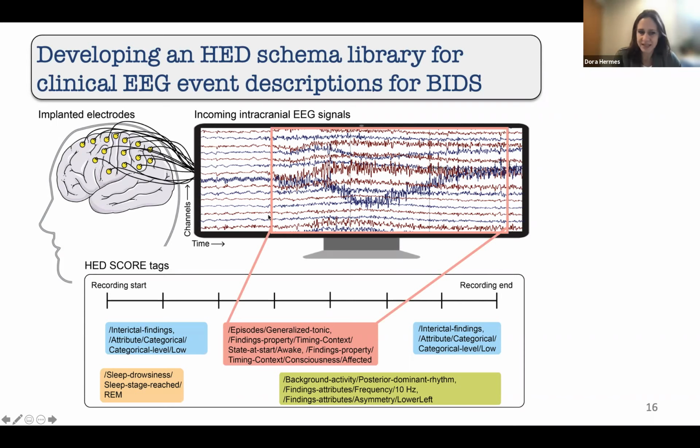You may want to annotate, for example, when there is generalized tonic-clonic activity, all these different types of clinical features. And what you can see here is that the table that you saw before is translated into a machine-readable set of properties where you have either background activity or interictal findings for a certain period of time with an onset and a duration, such that you can then read it out in machine-readable format.